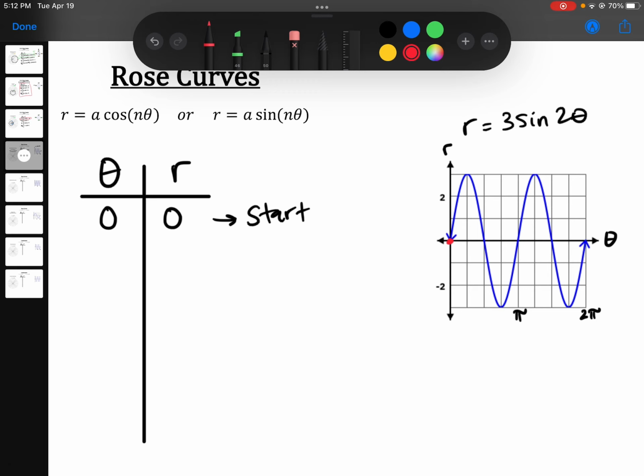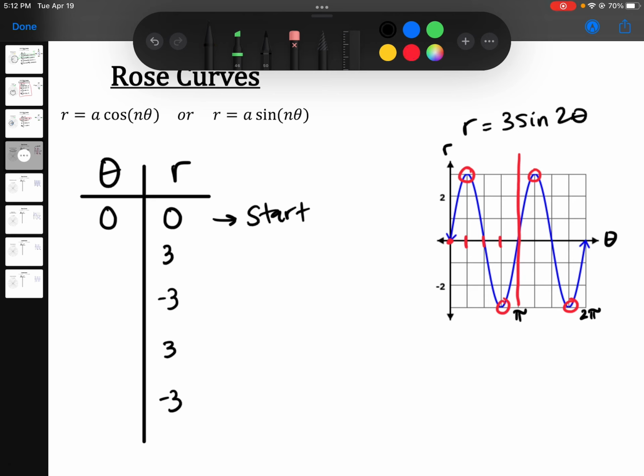Next important thing to know is where all your max and minimum values are. So those values are at positive 3, negative 3, positive 3, negative 3. And the angles, if you look at where pi is, all of these angles are just in fourths. Pi is right here, so we're splitting pi into 4 equal pieces.